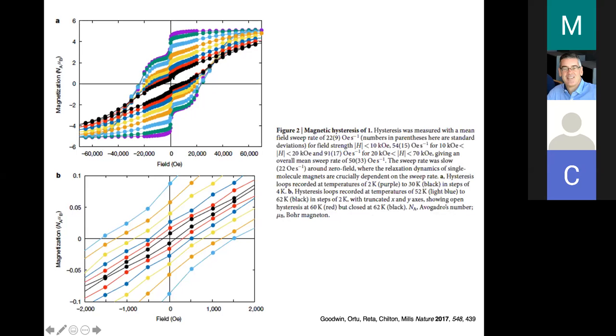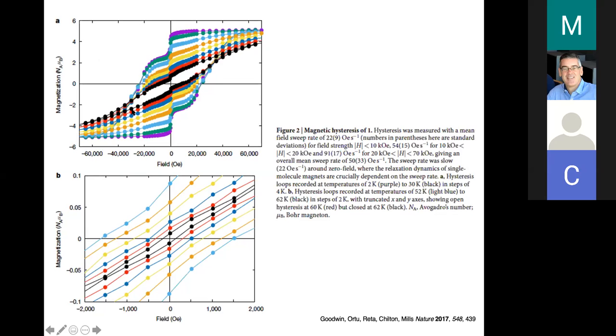I want you to also note that at zero field here in these hysteresis loops, there's a sudden dip. And that dip, where you're losing remanence, where you're losing polarization, that's due to tunneling. So these molecules still haven't gotten rid of that tunneling pathway that can ultimately lead to loss of polarization of the moment when you're at zero field.